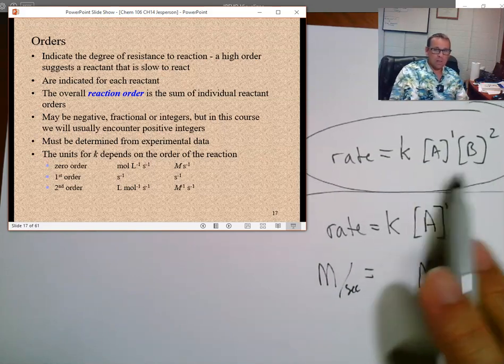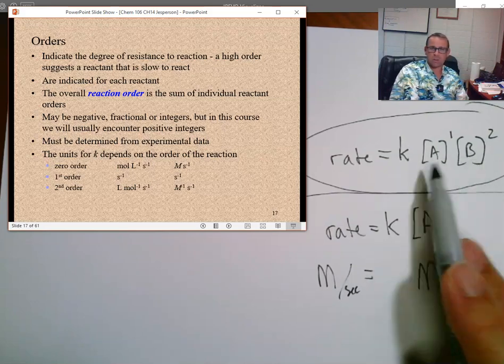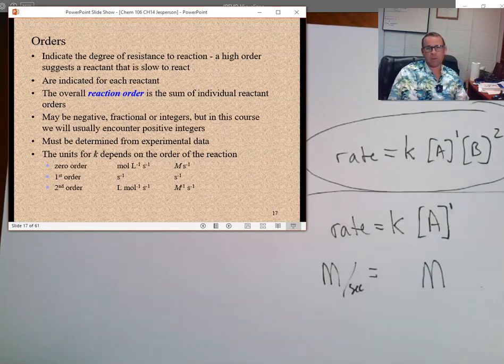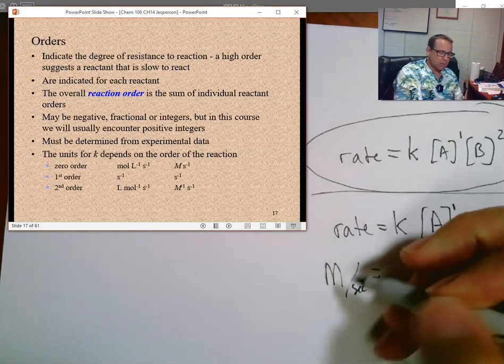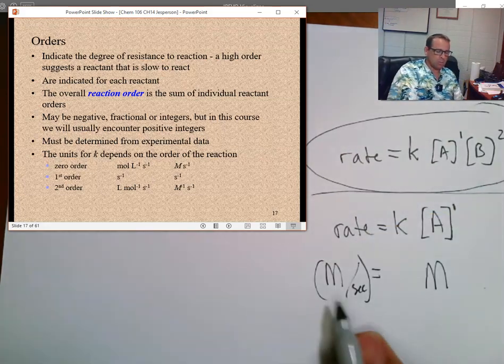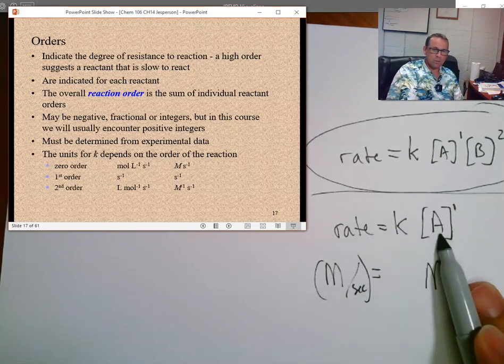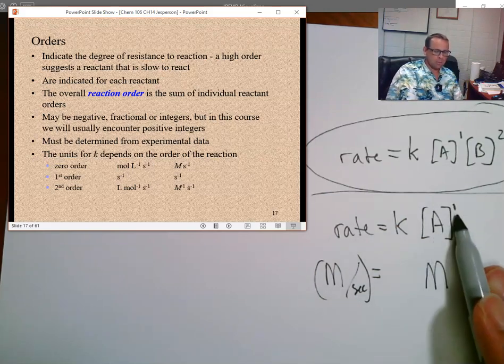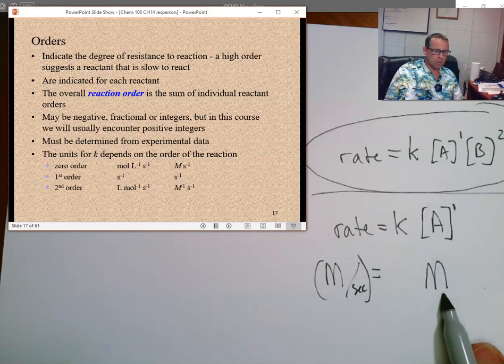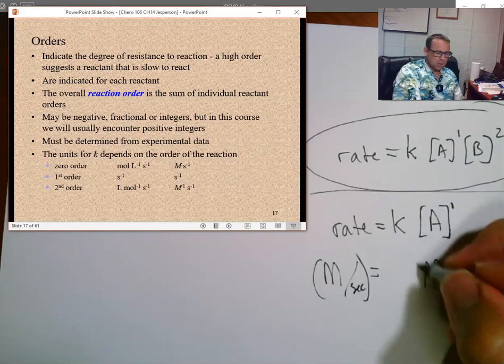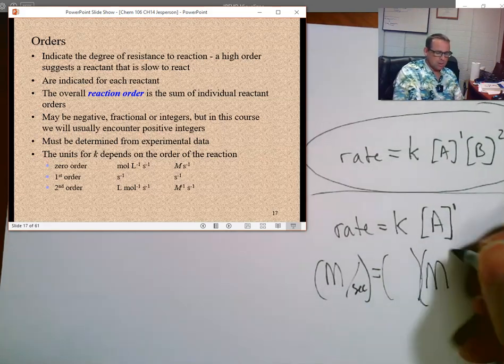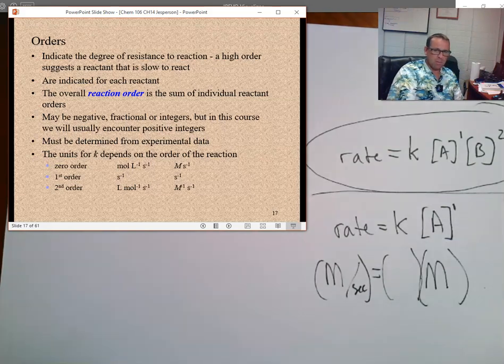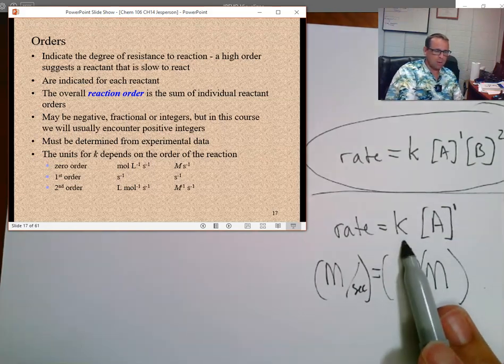And for rate laws, it's always the rate at which the material is disappearing because we're always talking about reactants. So the units for rate are always going to be molar per second. The concentration here of A, because it's to the 1, is going to be molar. And so that tells me what units I must have for my rate law here.